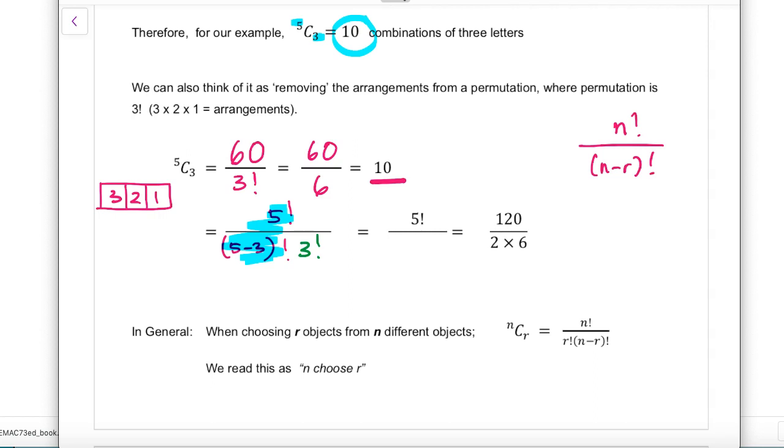So what we end up having is 5 factorial over 2 factorial and by 3 factorial. So our 120 is divided by 12 and we get that 10. So when we're just choosing objects and not arranging them, we can slightly change our formula of a permutation by adding in this division of the r objects that we're choosing.